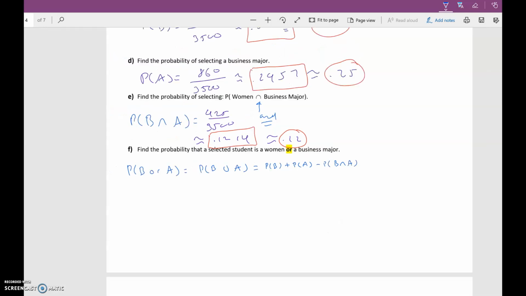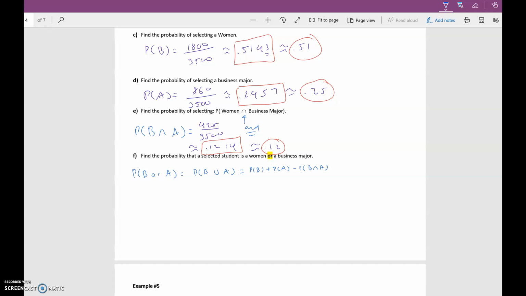And you already have what B was. B from part C was technically 1800 out of the 3500. Plus the probability of A, that's 860 out of the 3500, minus the intersection.